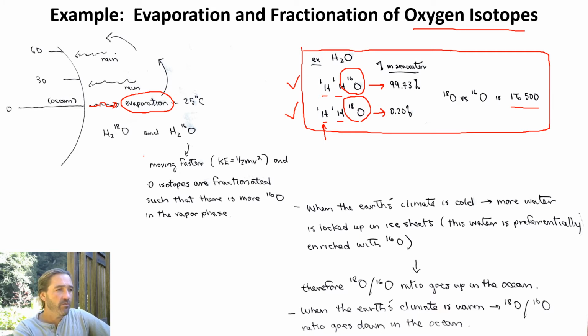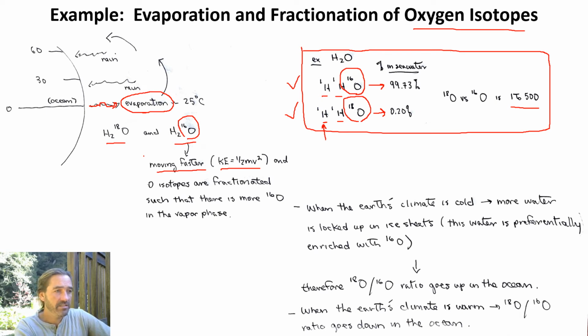And we can also imagine that if we have these two different weights of water, that the water with oxygen 16 will be moving faster. And this is just based upon an equation for kinetic energy. Both of these water molecules will have the same kinetic energy.